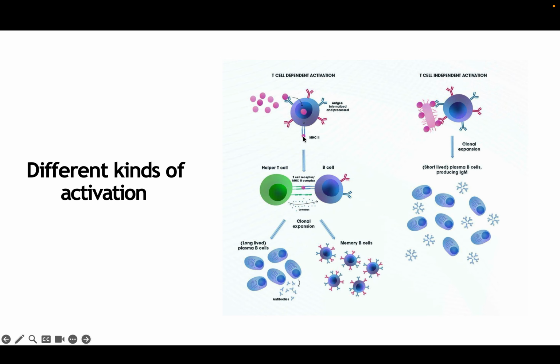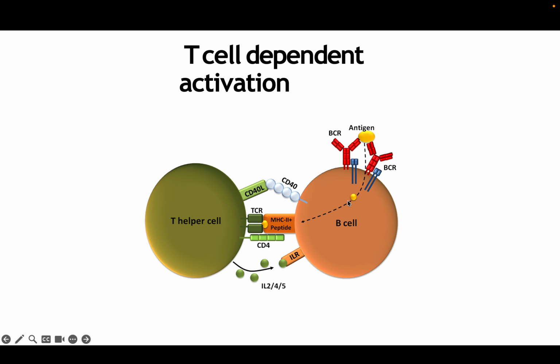So the B cell will go to your T follicular cells, present it, and tell your T helper cells, okay, help me, I need to start proliferating. This is very similar to what you see with T cells. B cells put it in the MHC2 and present it to the T helper cell.